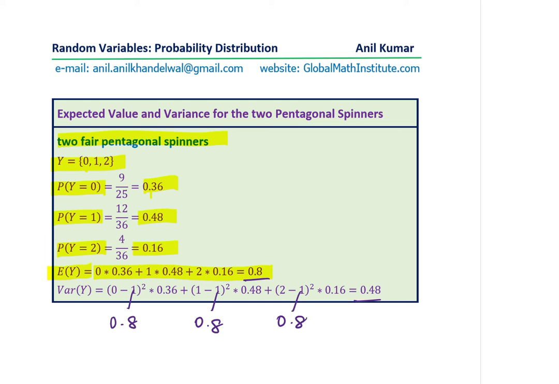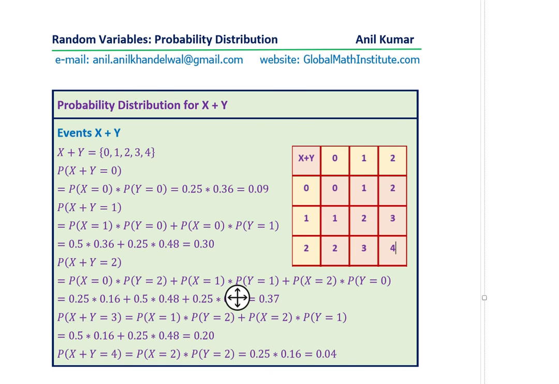So we have calculated the expectation and the variance for the second event, where the two pentagonal spinners are spun together. Now, what is the event x plus y? We need to work this out. In x plus y, we are looking for how many even numbers we get. Now think like this: we have two things.